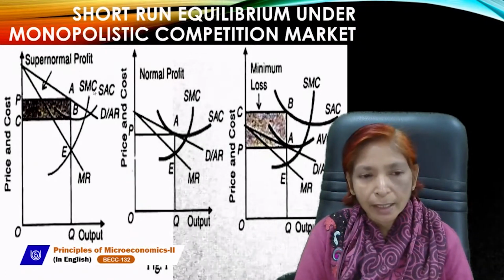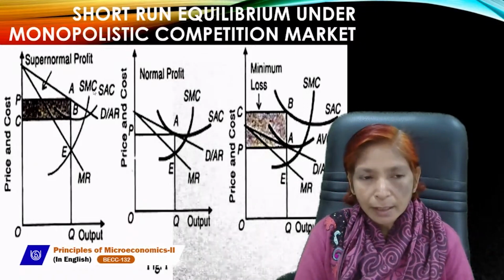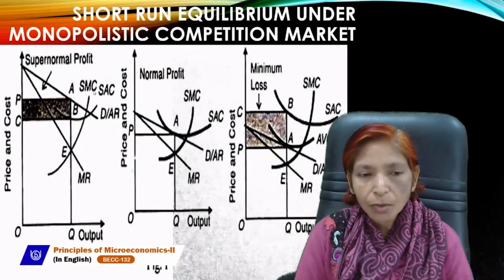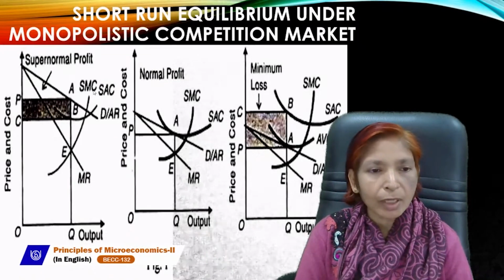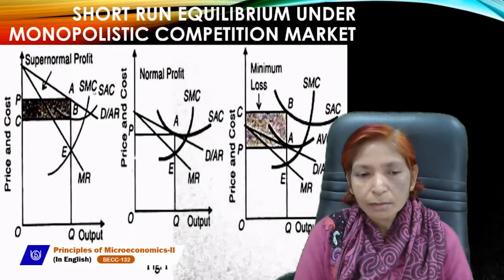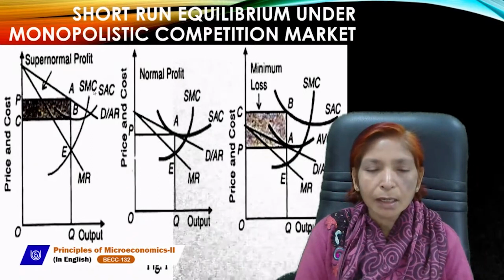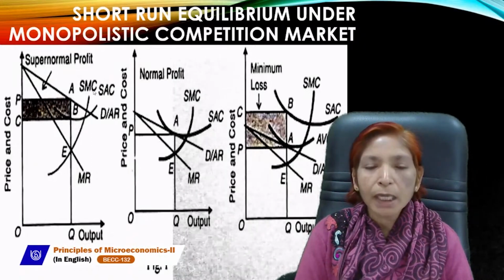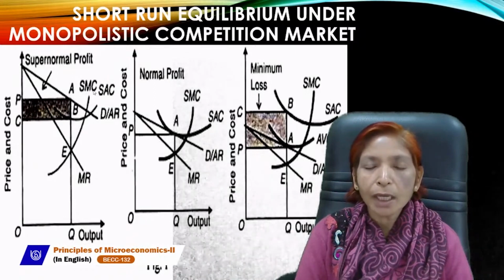Now in the second diagram, first of all you will draw a 90-degree angle, write output on the x-axis and price and cost, or revenue and cost, on the y-axis. Now the AR and MR curves are downward but flatter, and here the AC curve is tangent to the AR curve. It means AC is touching the AR curve.